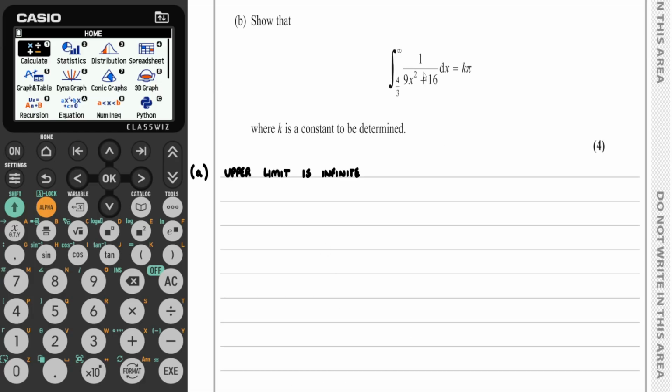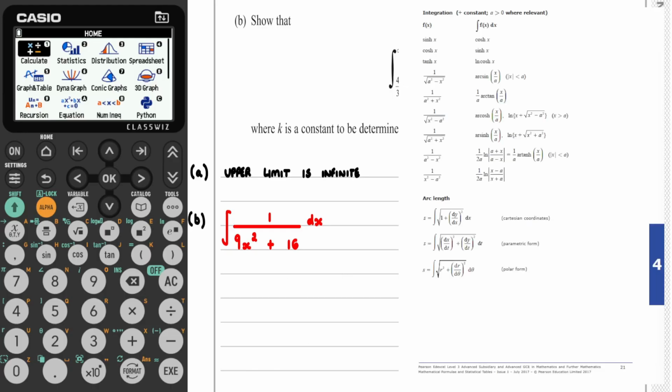Part B. Show that the integral of 1 over 9x squared plus 16 with respect to x between 4 over 3 and infinity is equal to k pi, where k is a constant to be determined. Before we do anything else, let's think about this integral.